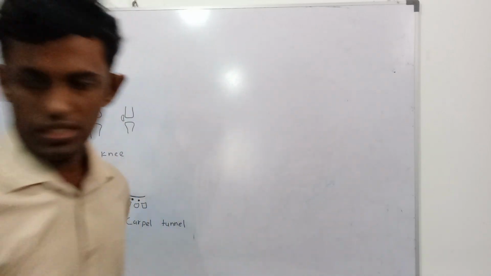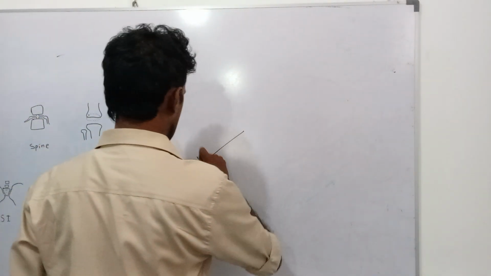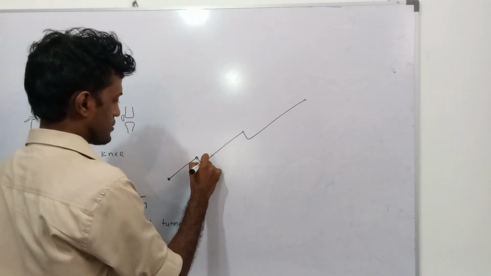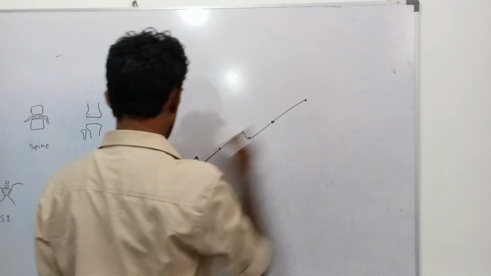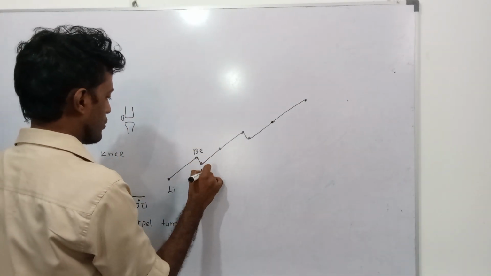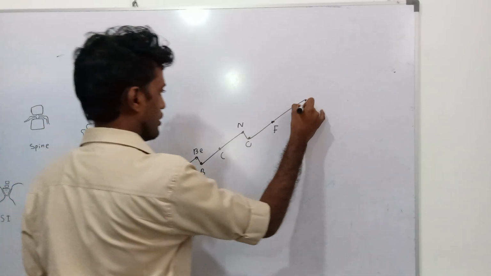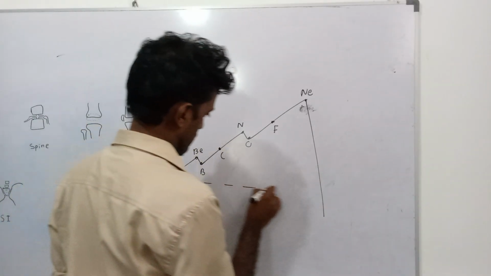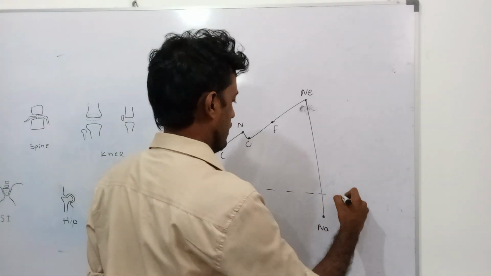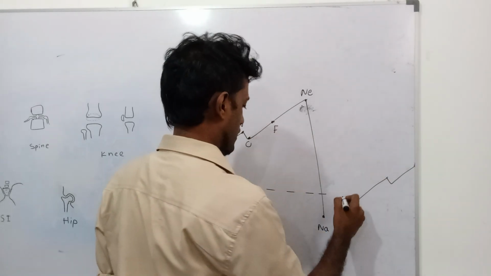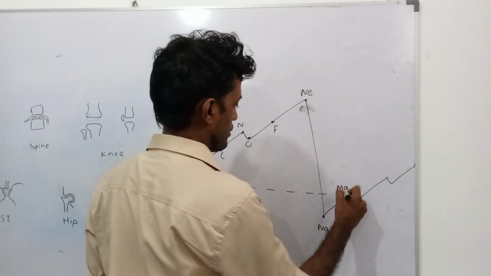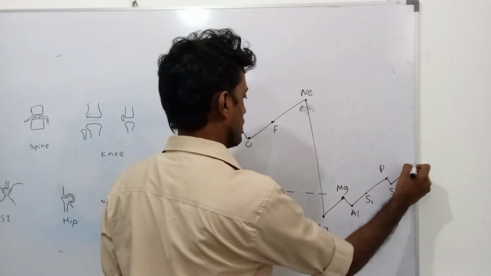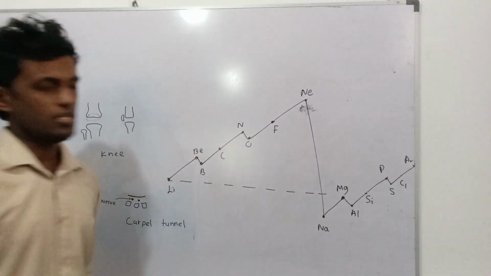Time is going, but anyway, here 2 ticks and extend, and I will mark like this: lithium, beryllium, boron, carbon, nitrogen, oxygen, fluorine, neon, and then sodium here, and then put 2 ticks again like this and extend, and here magnesium, aluminium, silicon, phosphorus, sulfur, chlorine, argon. Okay? So those are 2 periods.